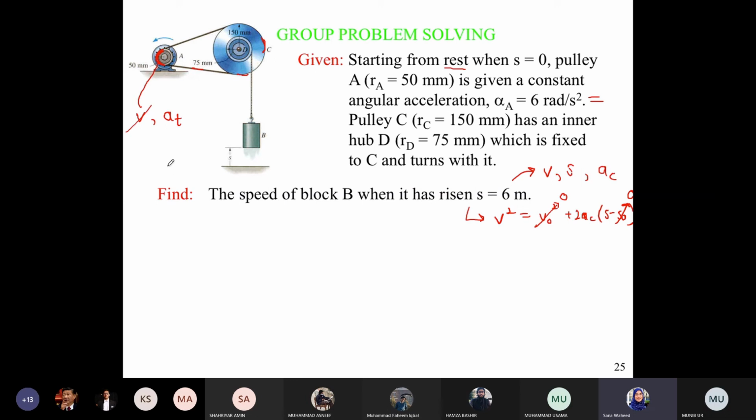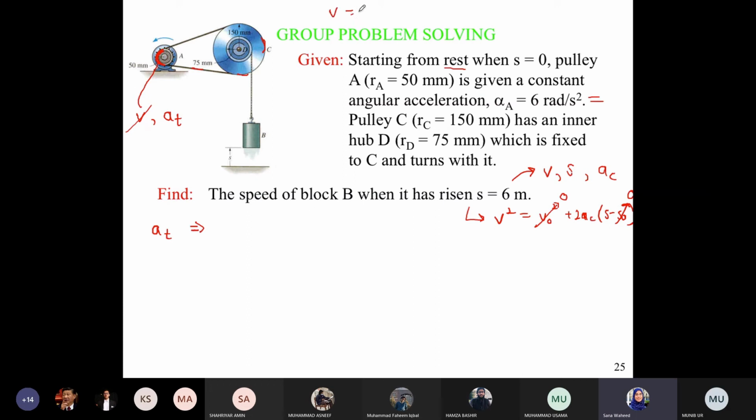So now let's start. We know that the tangential component of the cable will remain unchanged, so whether I find A_T using the motor or using the wheel C, it would be the same. If you don't remember yet, let's write those down.